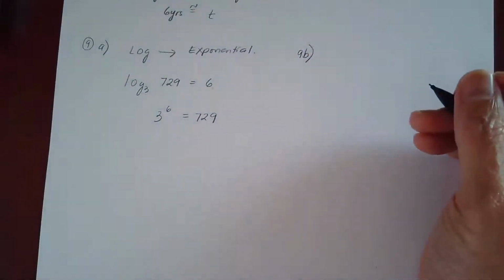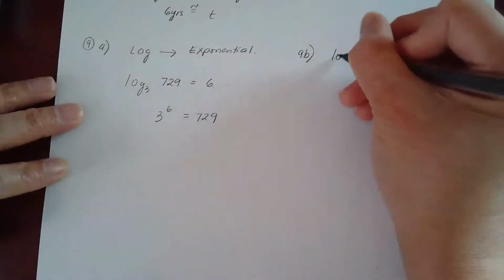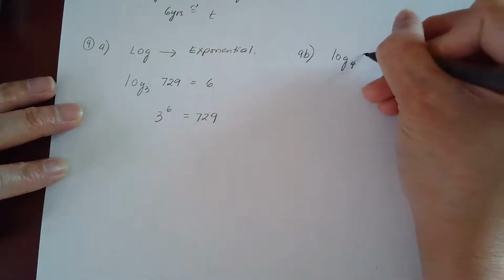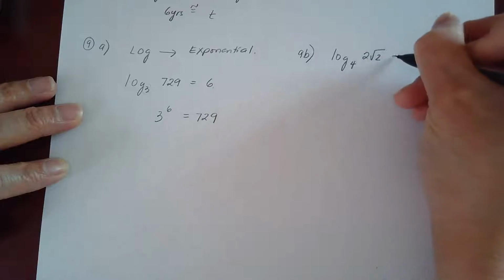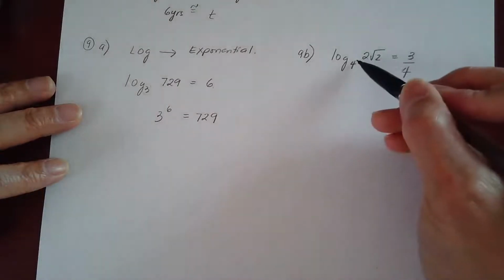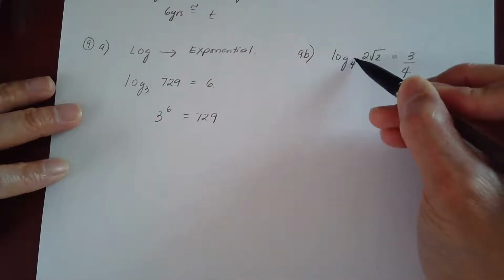9b. We have logarithm base 4 of 2 root 2 equals 3/4. What base are we doing for our exponent? Our exponent will have a base of 4.